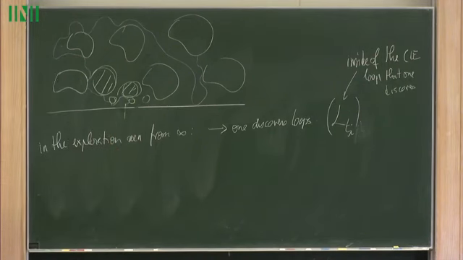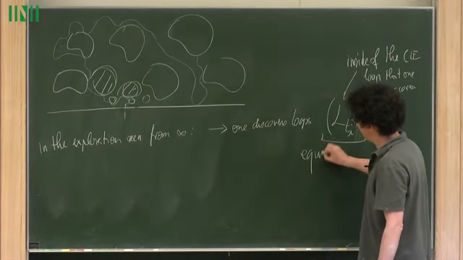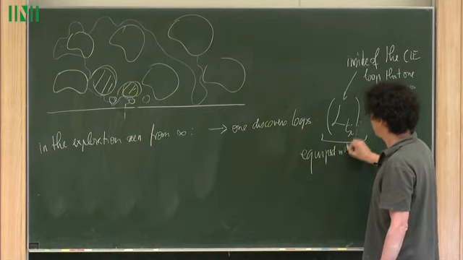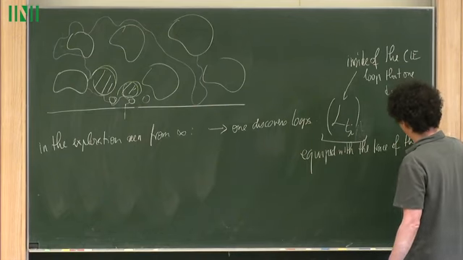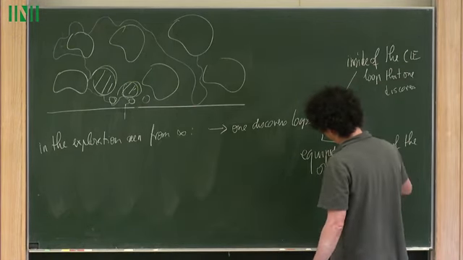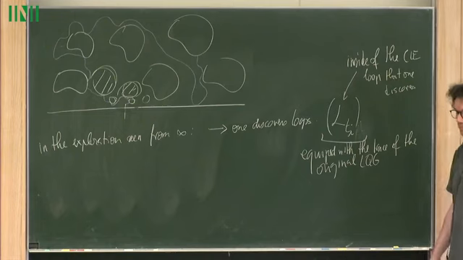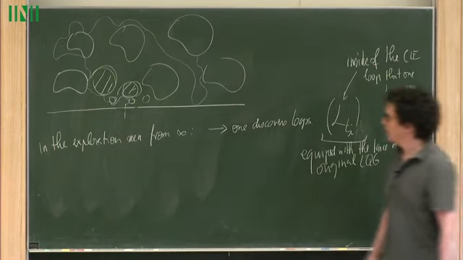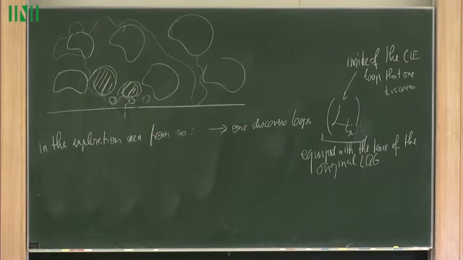Because this is printed on top of the independent Liouville quantum gravity surface that you defined here, you can equip these with the trace of the original LQG surface. Therefore you have a Poisson point process of quantum surfaces that you're discovering along the way.